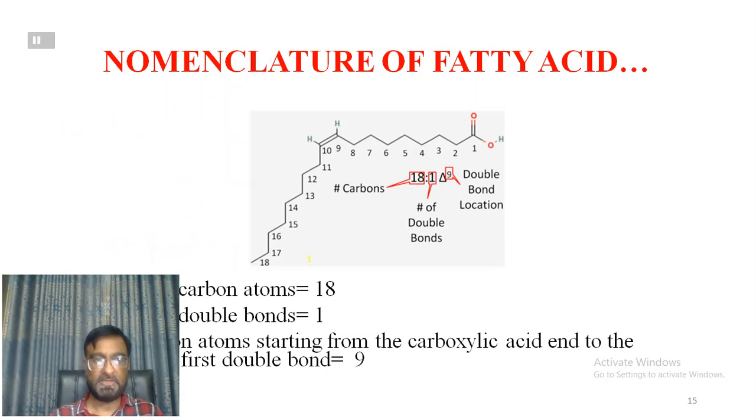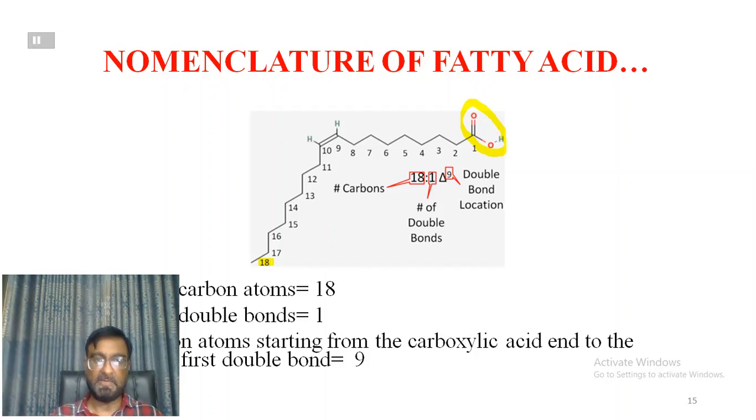Talking about the nomenclature, for example, look at this picture. This is the carboxylic end, COOH, and it contains carbon atoms C1, C2, C3, C4, up to 9, 10, 11, and then up to 18 carbon atoms.